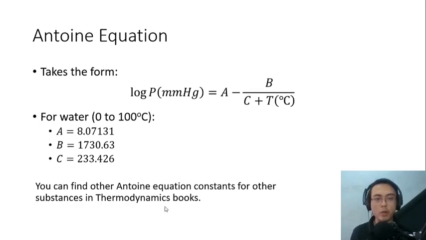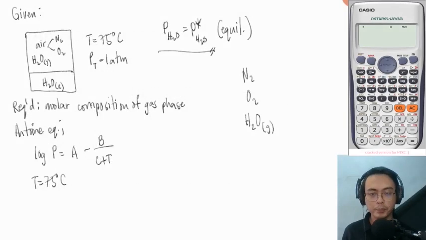And then let's solve. So I will be inputting logarithmic of x. You can use shift solve, or let's not use shift solve. How can you solve this equation when you don't have shift solve? You simply raise both sides of the equation by 10. So we have P is equal to 10 raised to A minus B over C plus T.